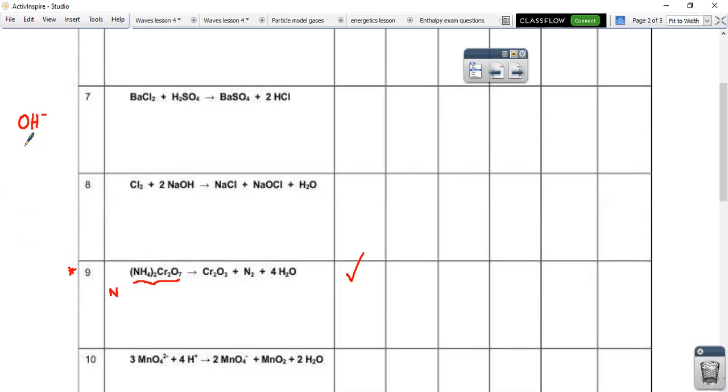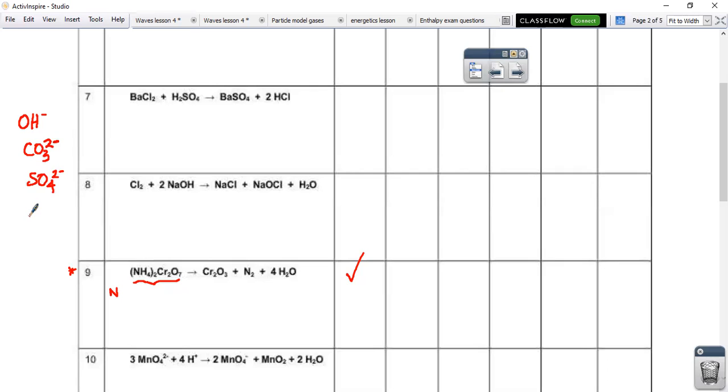What about a carbonate? Plus? Not quite. 2 minus. What about a sulfate? SO4 2 minus. Very good.